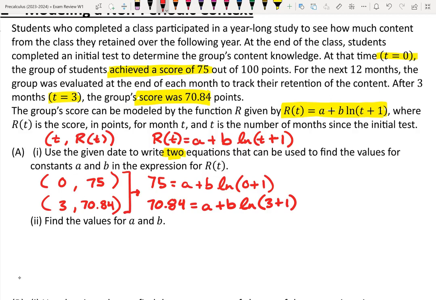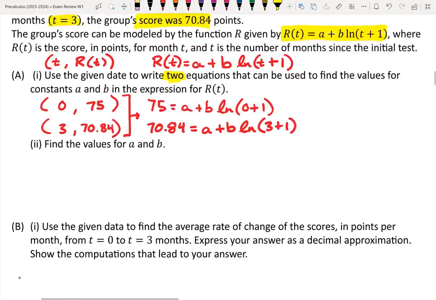The reason is that in a regression, the function that you get is y equals a plus b natural log. Okay, that's looking pretty similar. Then it's actually natural log of just x, not x plus 1. So you have to adjust your t values of 0 and 3 to make it work. So we're going to do it a different way first.